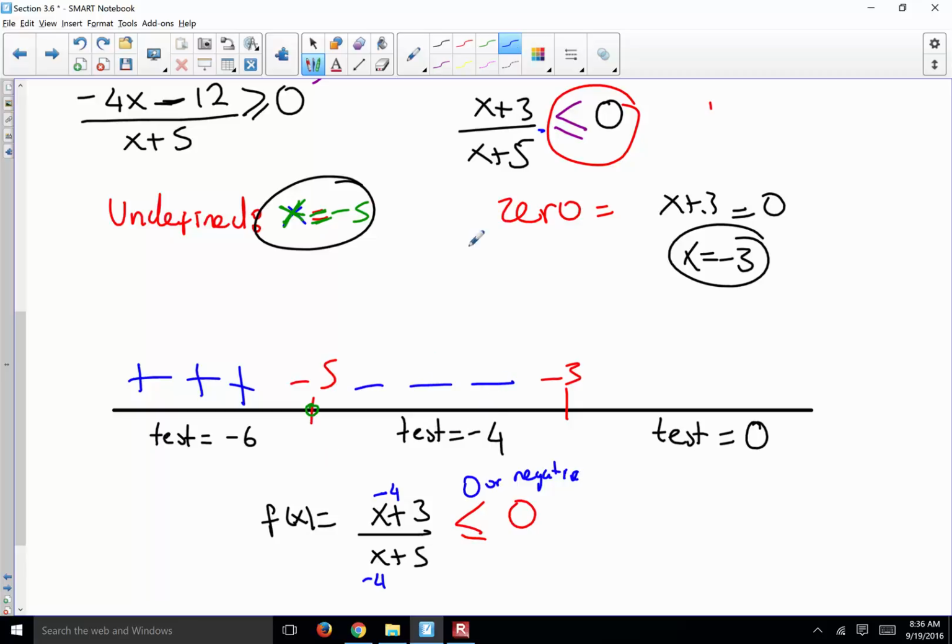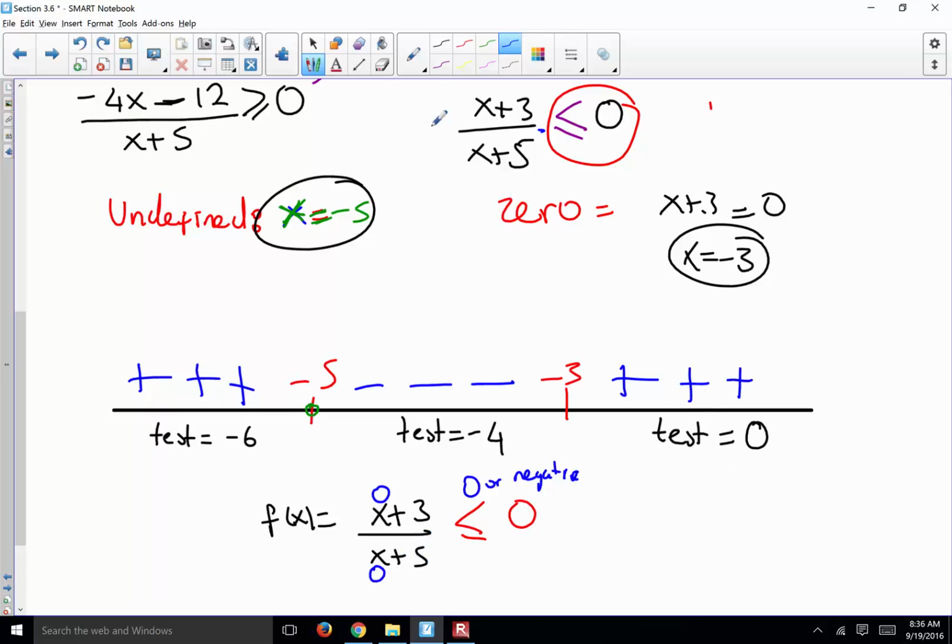This time it's flipping signs. It looks like it alternates everywhere. I'm guessing the next one is going to be positive, but I can't be sure. I need to test it, okay? So now let's insert 0. We are testing 0. And I'm right, 0 plus 3 and 0 plus 5 are both positive. When you divide them, it's positive.